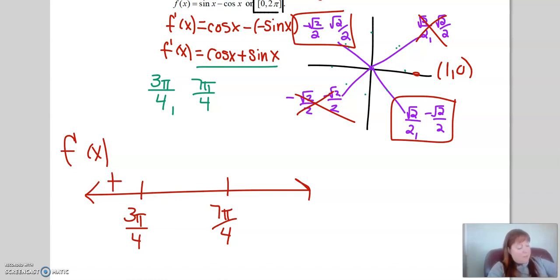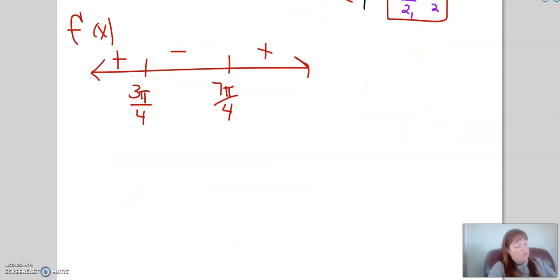In between 3 pi over 4 and 7 pi over 4, we could just pick pi. And that is negative 1, 0. And we add those together, we get negative, right? And then bigger than 7 pi over 4, we could get back to this point right here, because bigger than 7 pi over 4 would be 2 pi, and that would be positive again. Okay, so our function goes like this: increasing, max, decreasing, min, increasing.